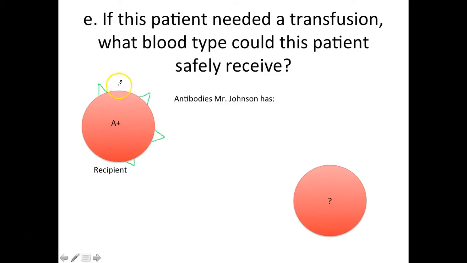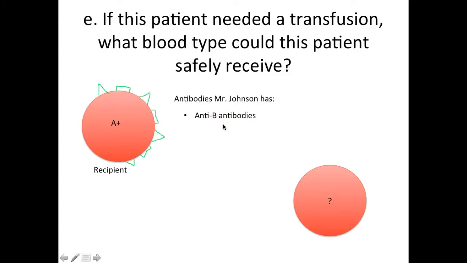And if it's positive, that means we do have that Rh antigen on our cell surface. Okay? So we don't want to create any anti-A antibodies because we have that on our cell surface. We don't want to create any anti-Rh antibodies because that's on our cell surface. What we want to create antibodies against is the B antigens. So we have anti-B antibodies.